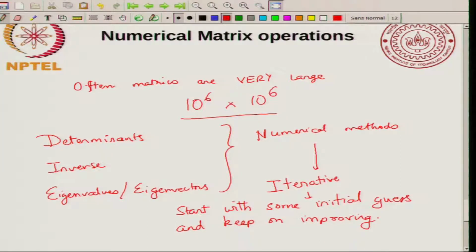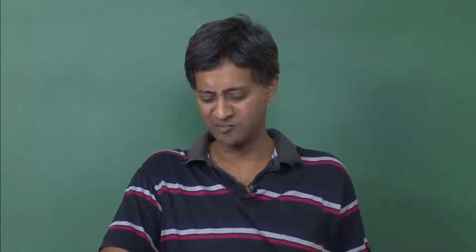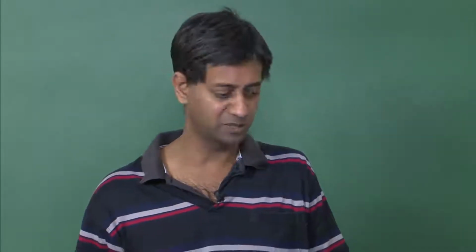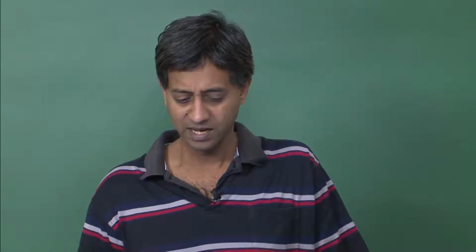So, what I just wanted to tell you is that numerical methods are an integral part of matrix methods, and these are some of the most important things that people do in all branches of science and engineering, and I will conclude this discussion on matrices.